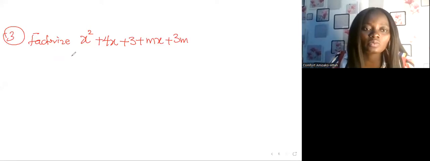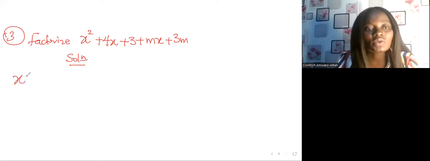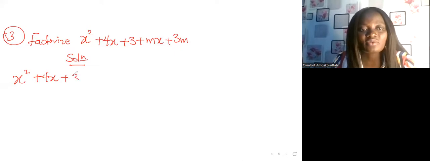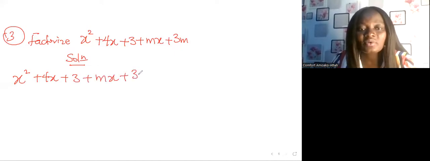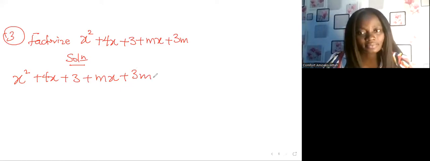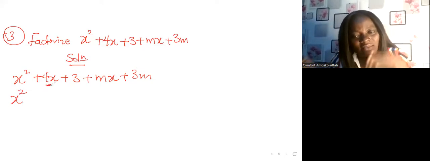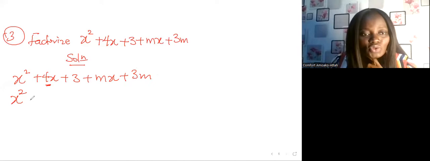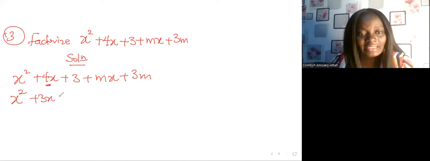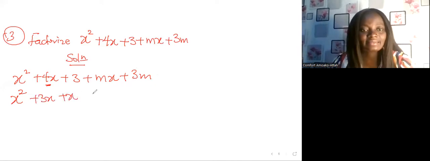All right, so with this one, how are you going to solve it? You have x squared plus 4x plus 3 plus mx plus 3m. Okay, let's go. We are going to get x squared, we now break this into 2, so plus 3x plus x.